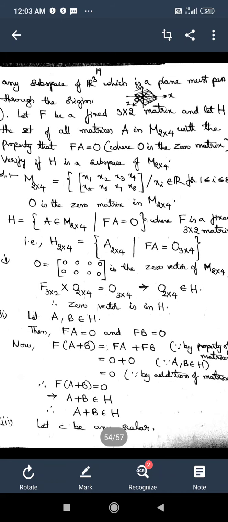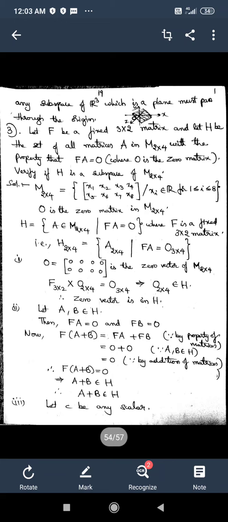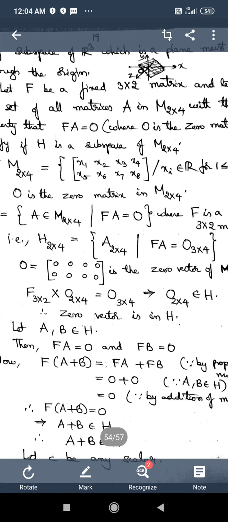And here capital F is a fixed 3x2 order matrix, and H is the set of all matrices A. H is a subset of M2x4. That means M2x4 is the vector space consisting of all 2x4 ordered matrices, and H is a subset of it. And F, which is a 3x2 matrix, when multiplied to the element of H from the left side, that means FA, gives you the 0 matrix.